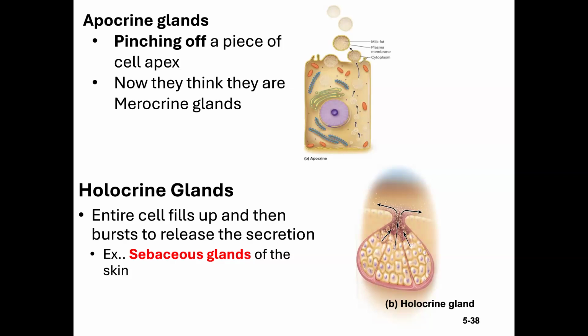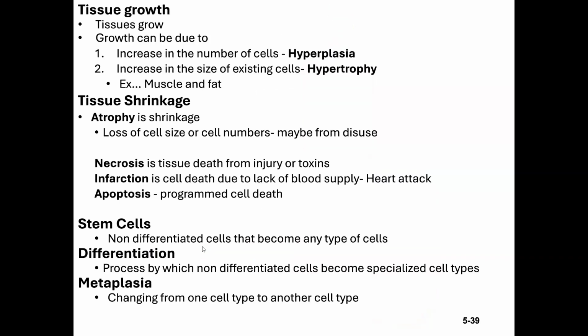So some people are oily, with a lot of oil in their skin, and that is because they have more sebaceous glands, oil producing glands. So that is a classic example of holocrine glands. The gland fills up, bursts, and releases the secretion.